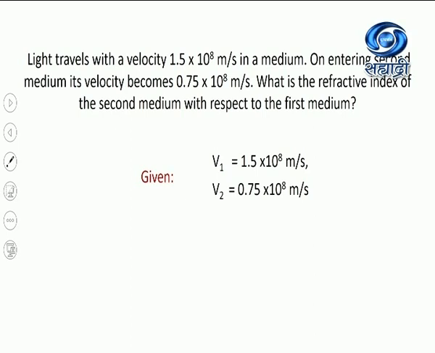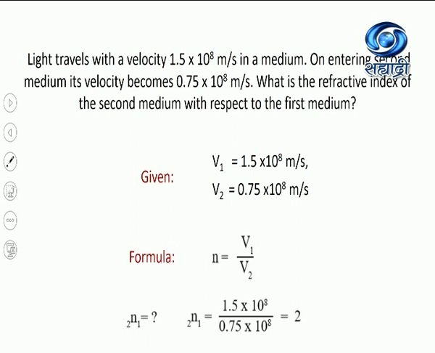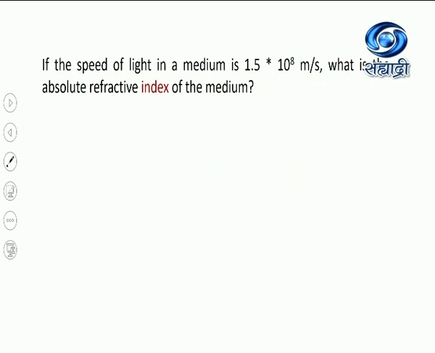V2 is equal to 0.75 into 10 raised to 8 meters per second. Formula: n is equal to V1 upon V2, which is equal to 1.5 into 10 raised to 8 divided by 0.75 into 10 raised to 8. The value is 2.